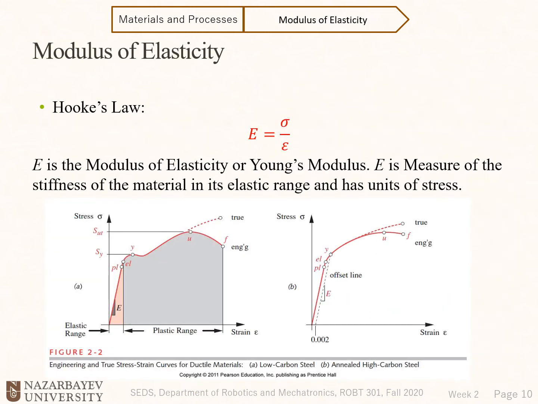Okay, Hooke's law. We want to extract other mechanical properties similar to Poisson's ratio. Hooke's law, E equal to sigma divided by epsilon, or stress divided by strain, equal to the modulus of elasticity, is Hooke's law.